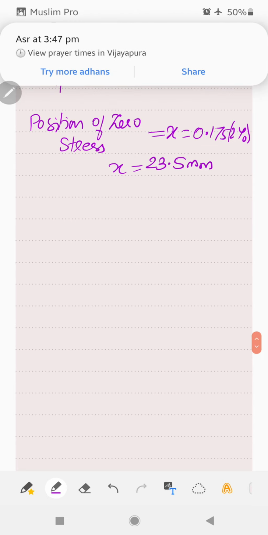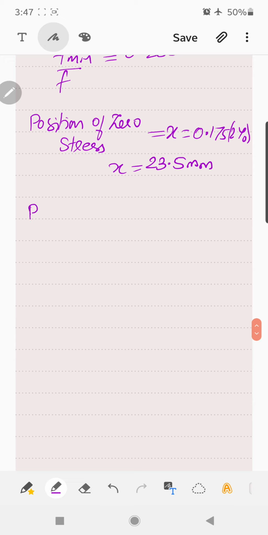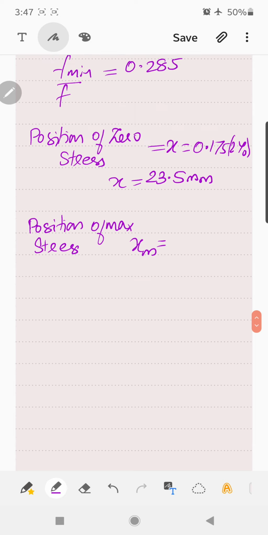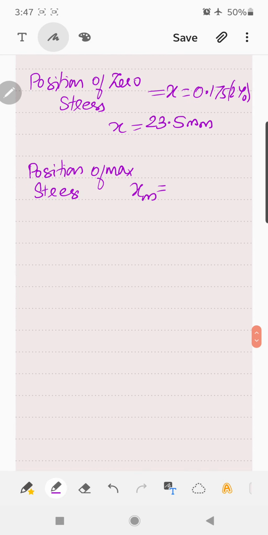Position of maximum stress. xm by 2 y naught is 0.382, so therefore xm is equal to 0.382 into 2 y naught. So we'll get xm as 51 mm.